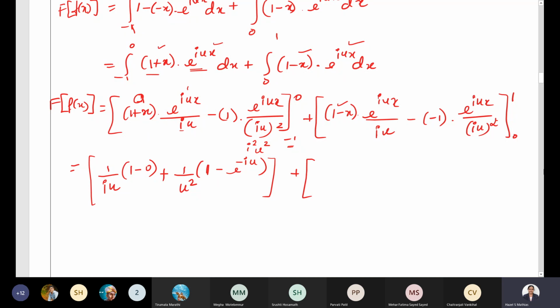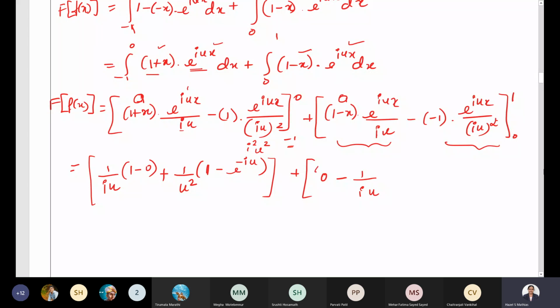Now take the second term. Upper limit is 1. So when you put upper limit 1 over here, this term is going to be 0. We are substituting separately. So when I put upper limit as 1, it will be 0. To this term only put the lower limit, that is 0. So what happens here? It will be e power 0, 1 into e power 0, so 1 divided by iu it will be.